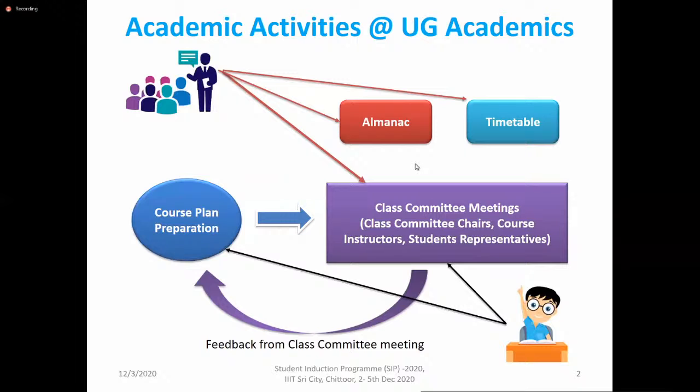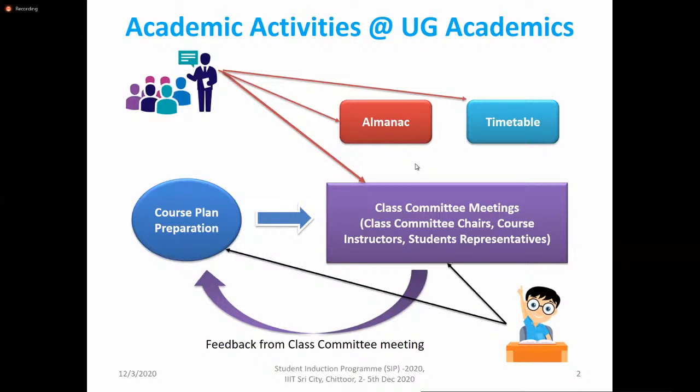These guidelines will be considered and will be part of the preparation of the course plan. So the faculty will prepare the course plan before the semester begins.